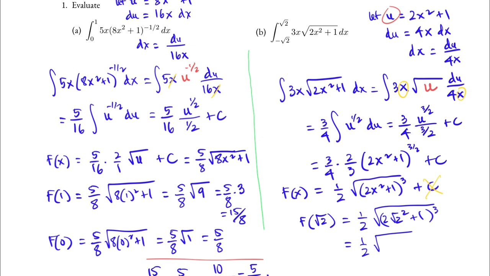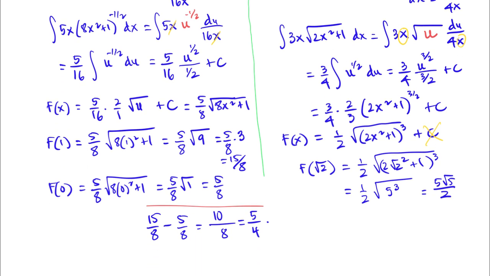So this is 1/2 times the square root of 5 cubed, which is 5√5/2. Exact answer.